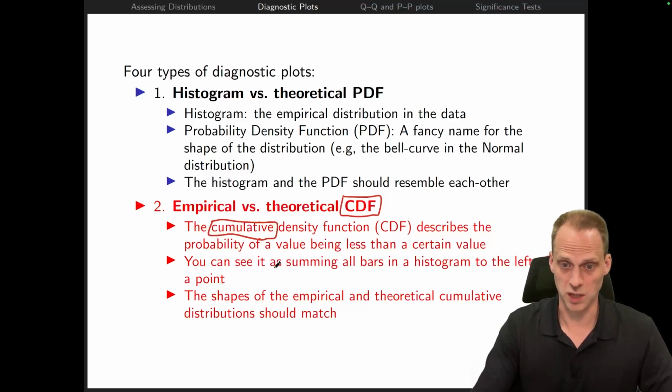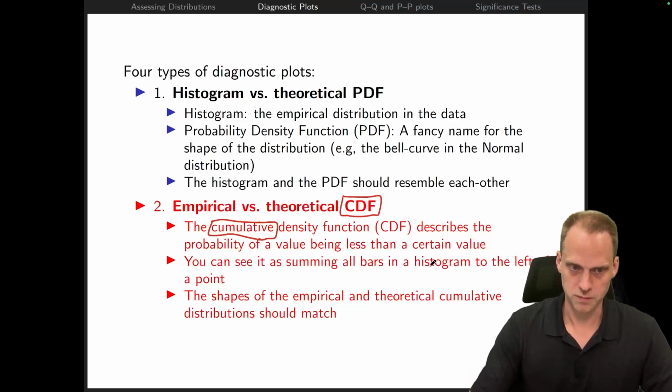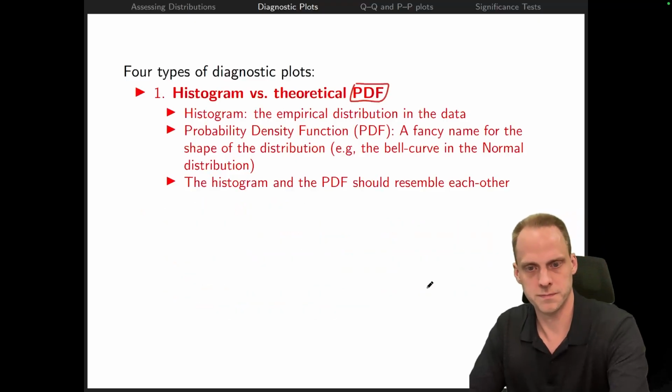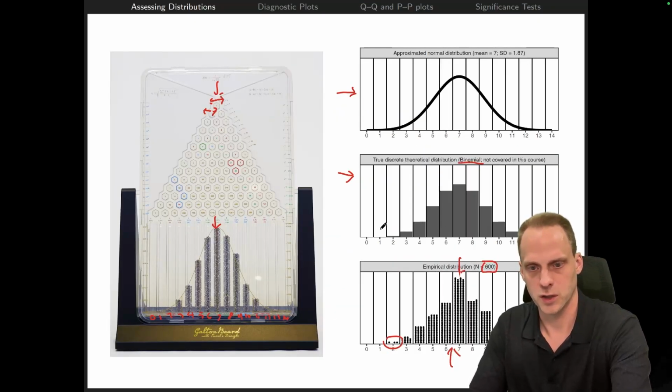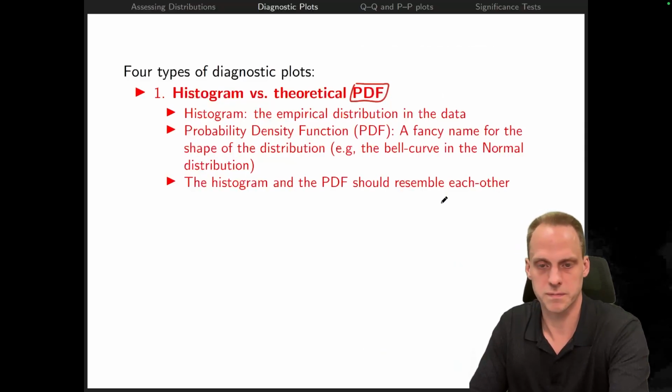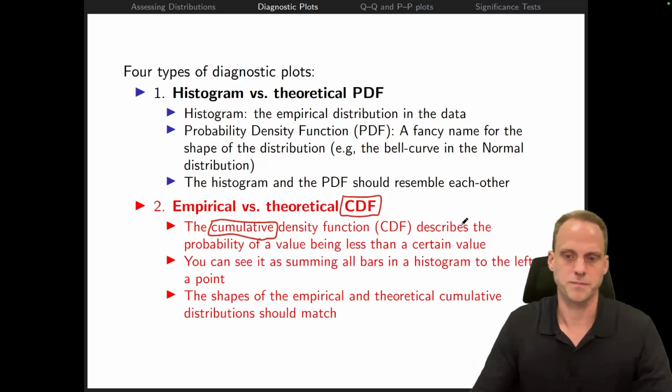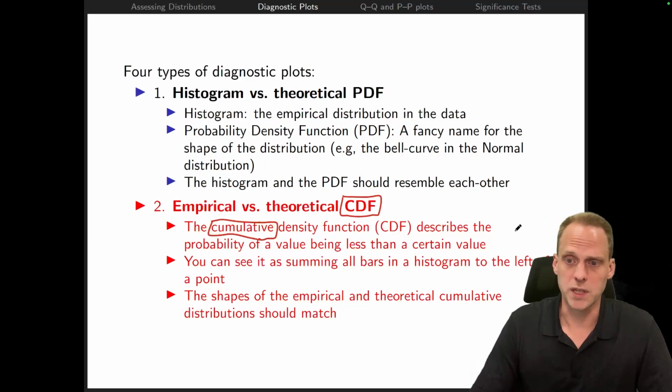We can see it as summing all the bars in the histogram to the left of a point. If we go here, the cumulative distribution would be this one plus that one plus that one, that's 4. And at 5 would add the height of this one, at 6 would add that one, etc. These shapes should match, and these are a little bit easier to compare than these bell shapes.